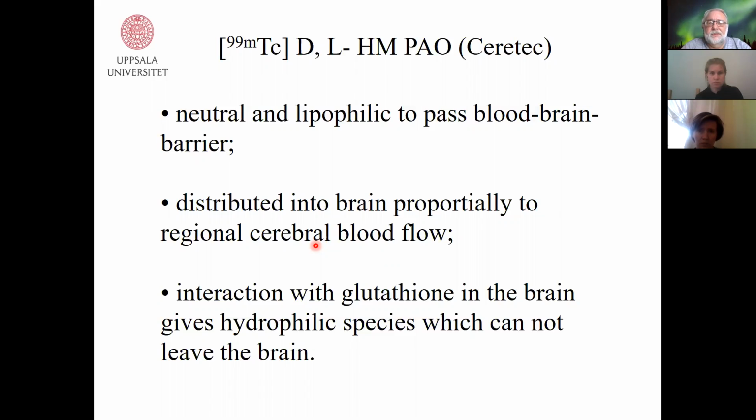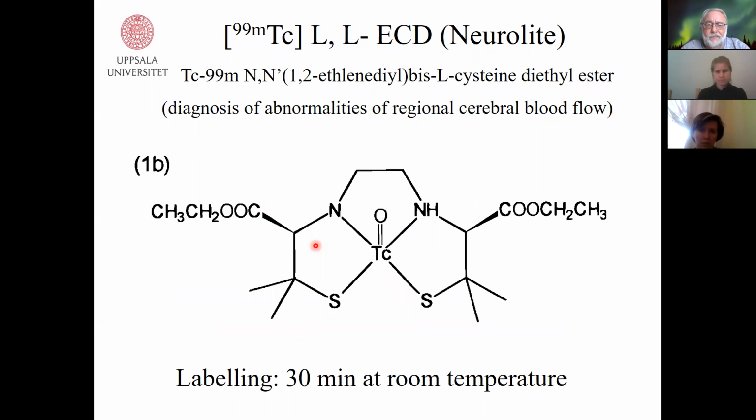So that enables visualization of the distribution of technetium, which is proportional to blood flow. So it's a nice chemical or medicinal chemical work, which combines complex charge, desirable lipophilicity, and desirable stability, which permits it to remain stable in the blood flow but be challenged behind the BBB.